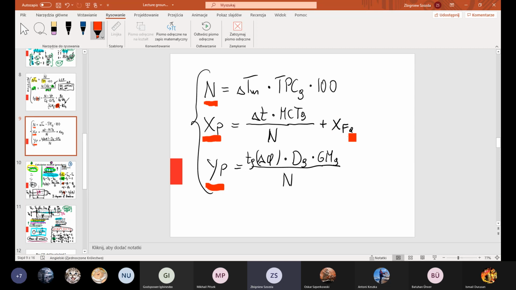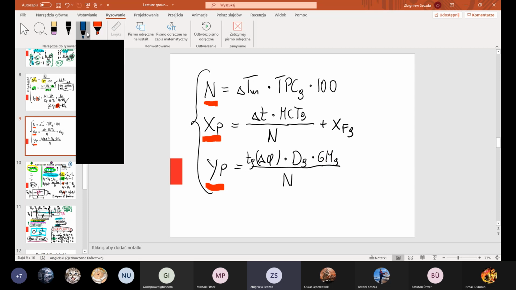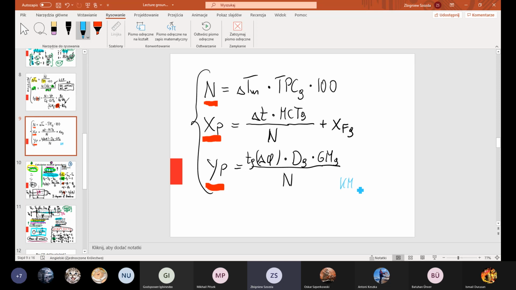MCT the same, XF after grounding, and GM, you have to calculate additional GM after grounding. Here we have hidden KM after grounding. Here shall be used. Okay, so one by one, the first degree of freedom, the second, the third, you can calculate what we wanted to do.